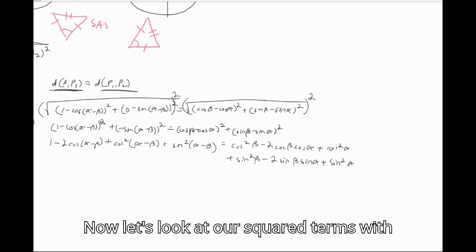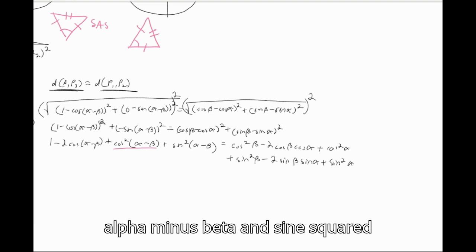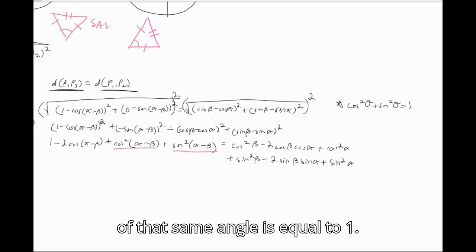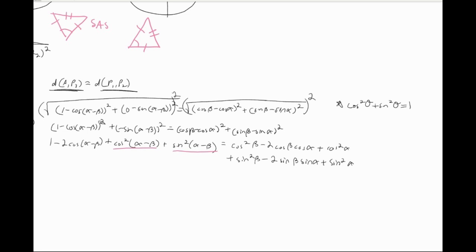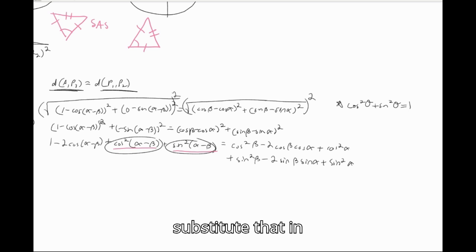Now let's look at our squared terms with the same angle. For example, on the left side, we have cosine squared of alpha minus beta and sine squared of alpha minus beta. By the Pythagorean identity, cosine squared of an angle plus sine squared of that same angle is equal to 1. So both of these, when added, equal 1. So we can substitute that in on this side.